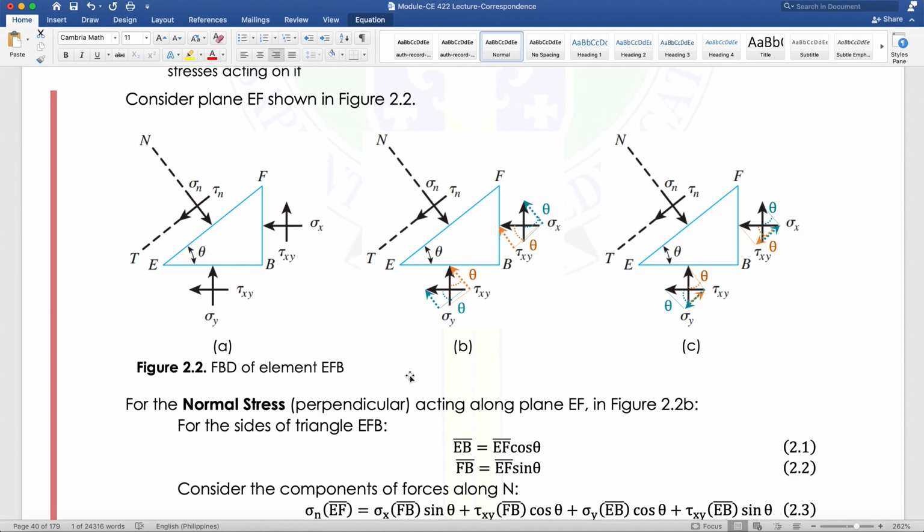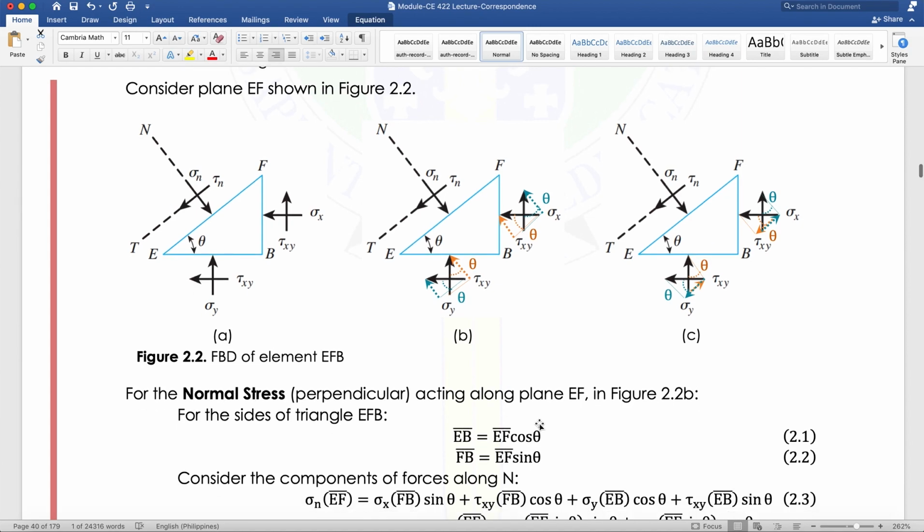So cross multiplying, EB is equivalent to EF cosine theta. Likewise with FB, we use the sine function. Sine theta is equivalent to FB over EF. So cross multiplying, FB is equivalent to EF sine theta.